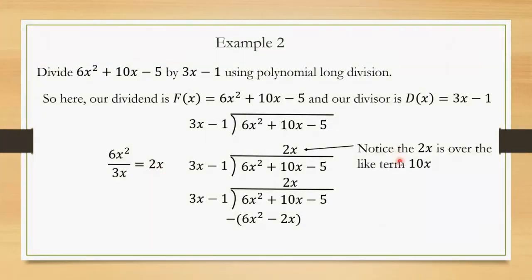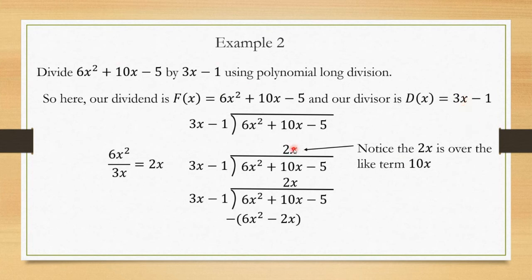And again, the 2x, as I wrote here, you want it over its like term. Notice also, I forgot to say this, but the dividend, f of x, is in standard form. There's no missing terms in between. Same thing with the divisor. That's in standard form, and there's no missing terms in between the term of the highest power of x, the leading term, that is.